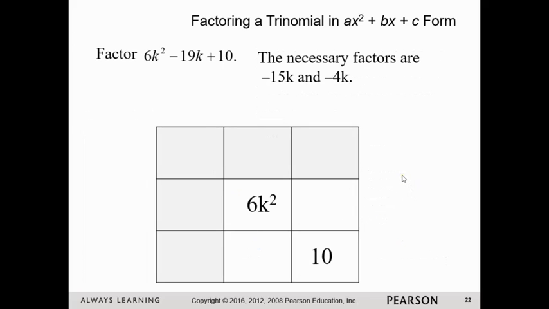Remember, we found our necessary factors were -15k and -4k. Now we put those in the remaining squares. Just so you're aware, we could have put -4k here and -15k here, but just remember that you put them in the remaining squares, and you can put them in any order. It'll still work out.